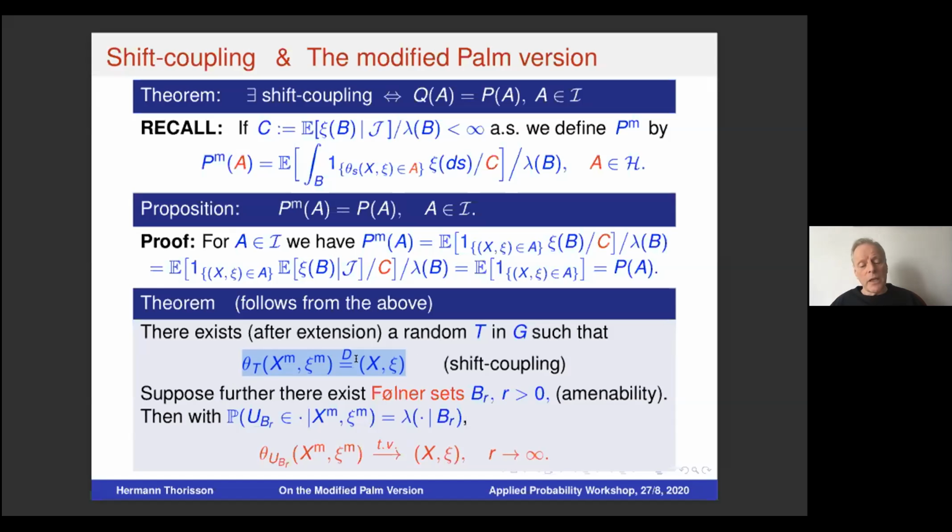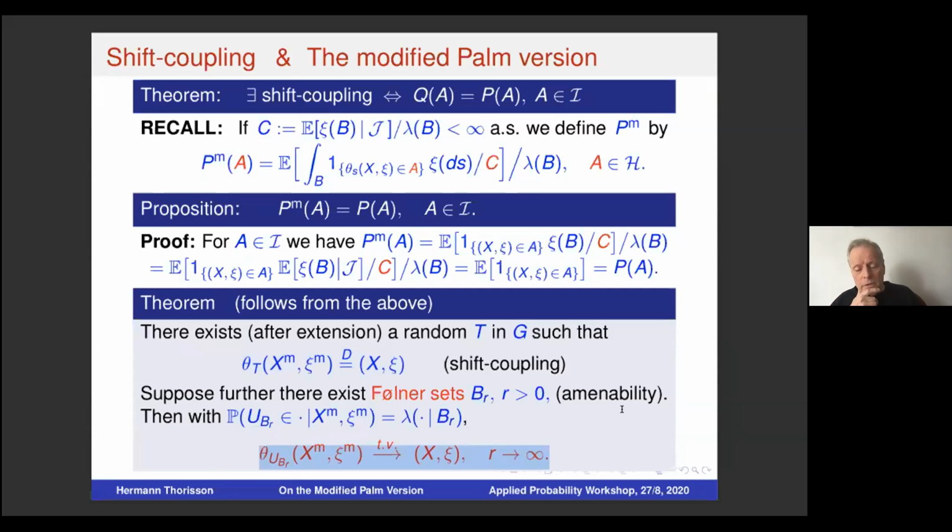So the stationary pair can be found in the modified pair by a certain randomization, where it is allowed to extend the underlying probability space. And from this, this limit theorem follows.